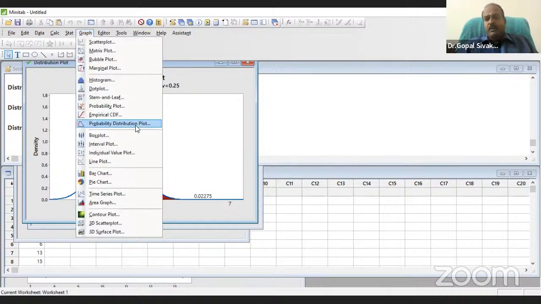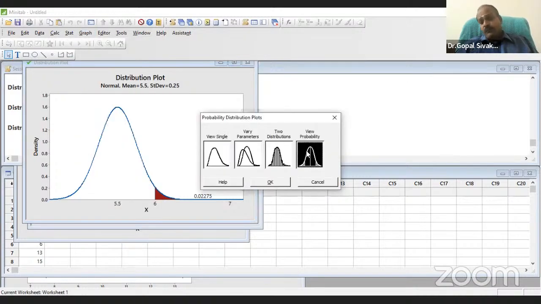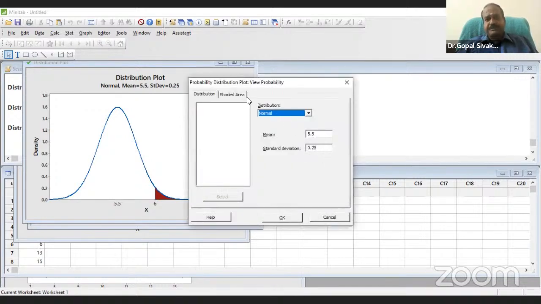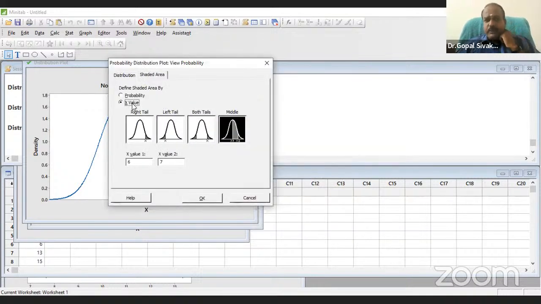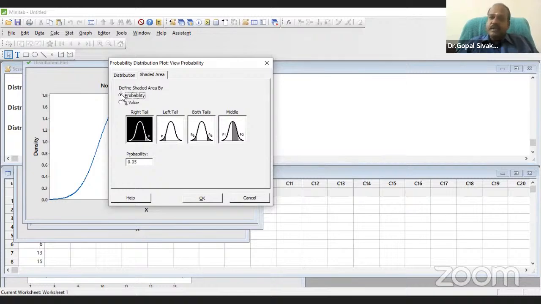Graph, probability distribution plot, view probability, okay. And this is same, shaded area. Now, instead of giving the x value, I will give the probability, and I want to get the x values.